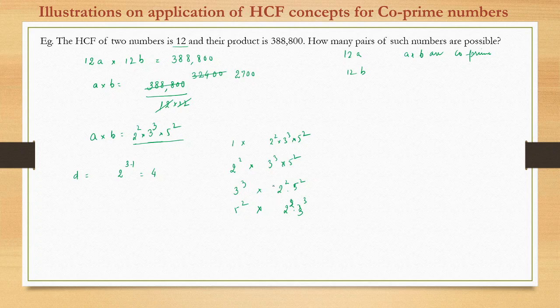So these four ways we can write, right? So that there's no common factor between these two. So these are the unordered pairs. Had the question been how many ordered pairs, then the answer would have been 8. Just double this. So this is the way we proceed with questions of this pattern.